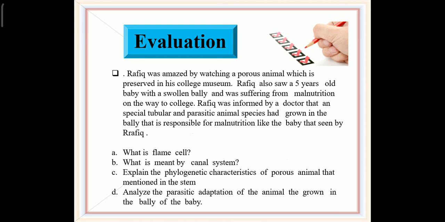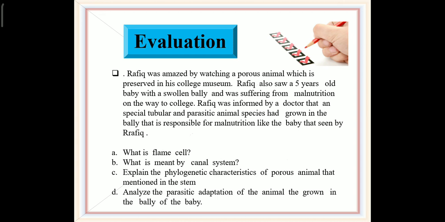Mr. Rafik was amazed by watching a porous animal which is preserved in the college museum. Rafik also saw a 5-year-old baby with a swollen belly suffering from malnutrition on the way to college. Rafik was informed by a doctor that a special tubular and parasitic animal species had grown in the belly, which is responsible for malnutrition like the baby seen by Rafik.